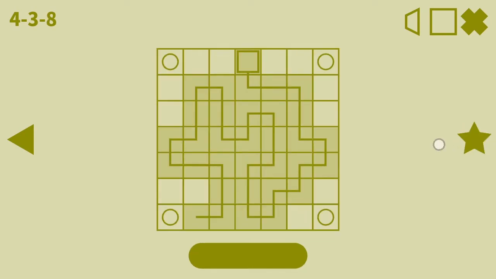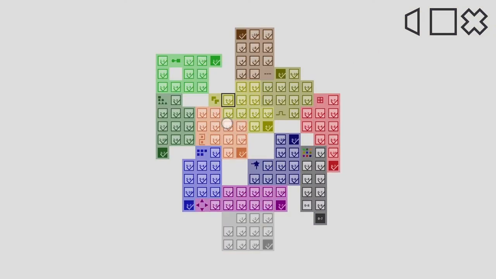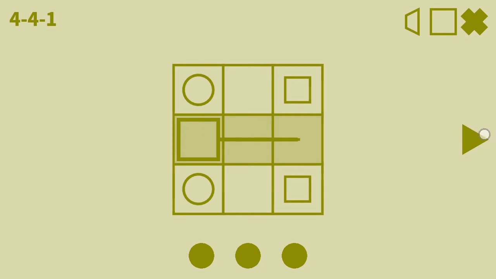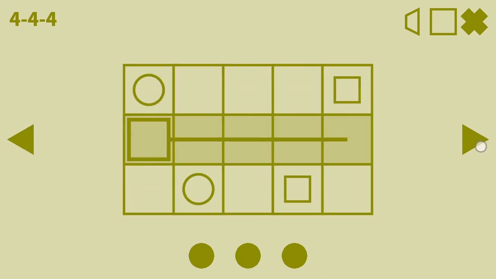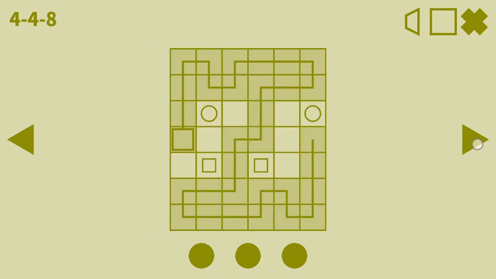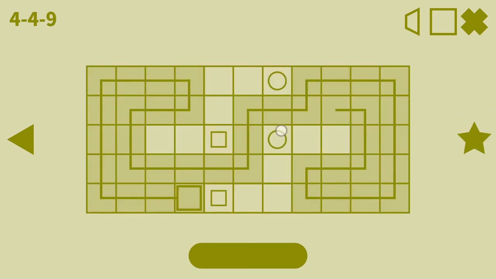Huh, weird, right? Whatever. It involves symbols, so what am I going to do with it? Okay, every region must have every shape and be the same shape.